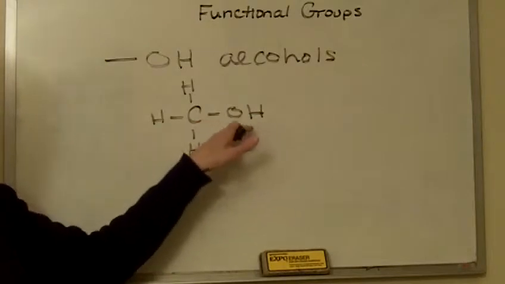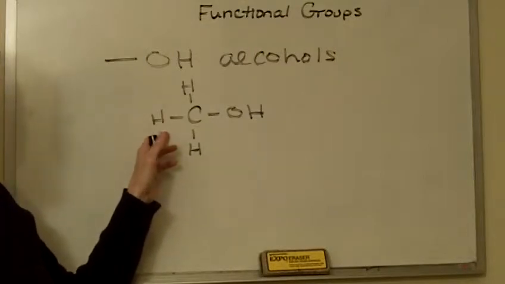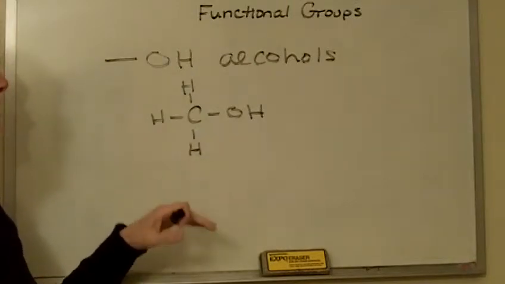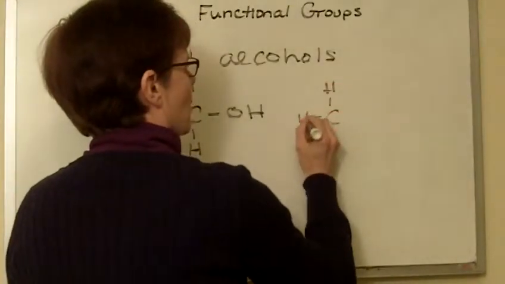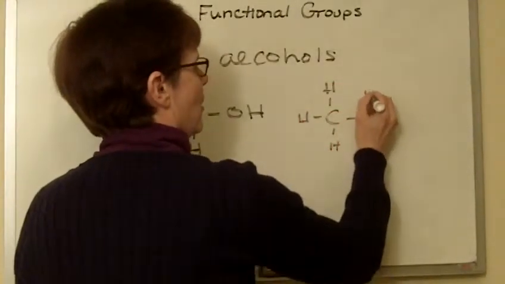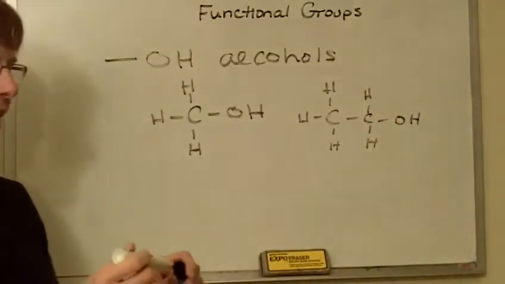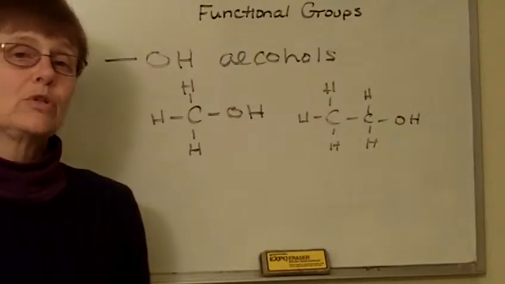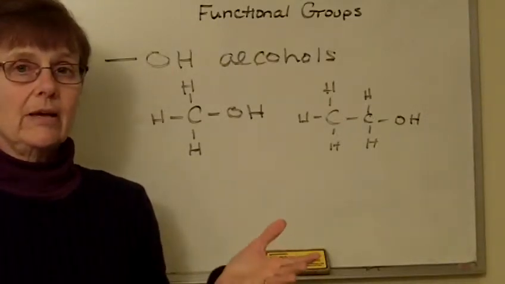And this would be also polar. That's going to be a polar group right there. And this is called methanol. This is the kind, they call it wood alcohol sometimes. This is very toxic. This will make you go blind if you drink it. Whereas if you use this compound, let's just add 1 more carbon to it, that's ethanol, and that's the kind of alcohol produced by yeast when they ferment things to create alcoholic beverages.